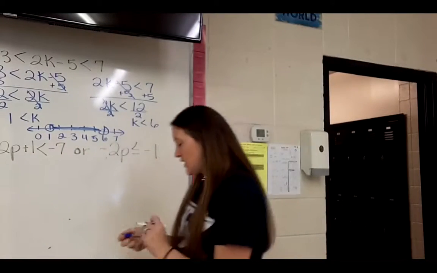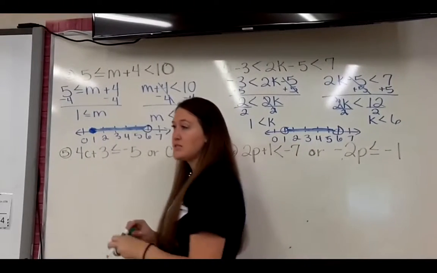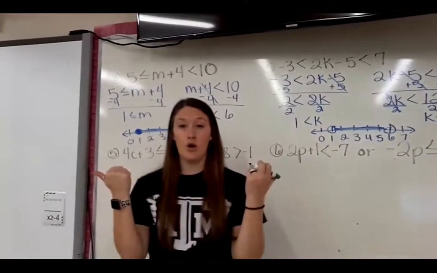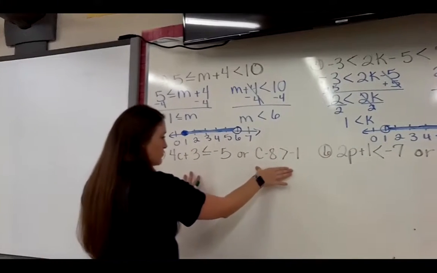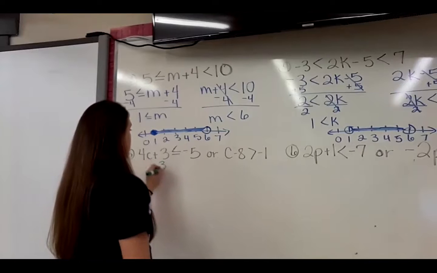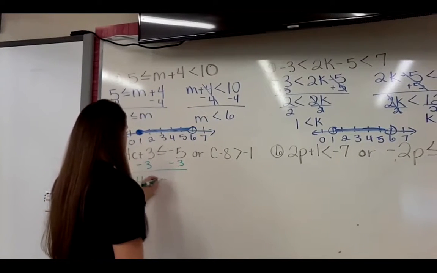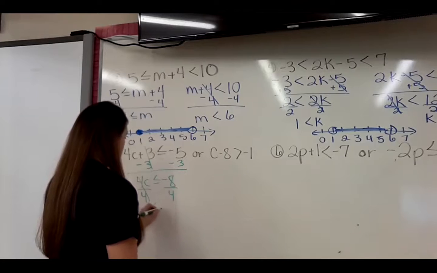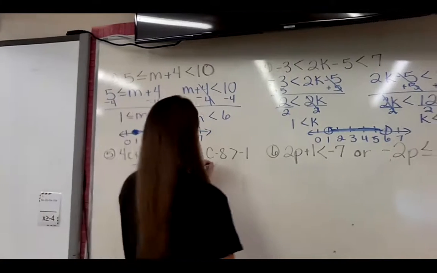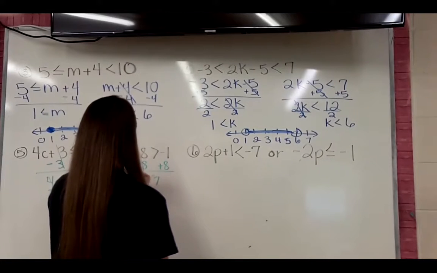Okay, so then on 5 and 6, these are or inequalities, so we already know our graphs will go opposite ways. So on this one, I already have them split apart, now just solve. -5 minus 3 more is -8. -1 plus 8 is 7.